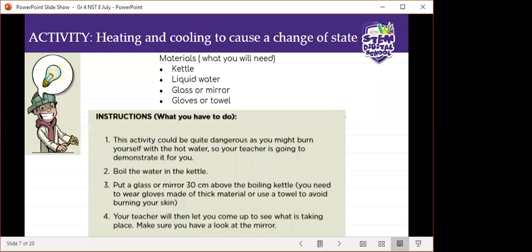So please, guys, do not try this at home alone. Just ask someone older who is around the house to help you with this investigation, so that you do not burn yourself and so that you don't have any casualties. Toby, you have a question, just put it on the group and then I will answer your question.